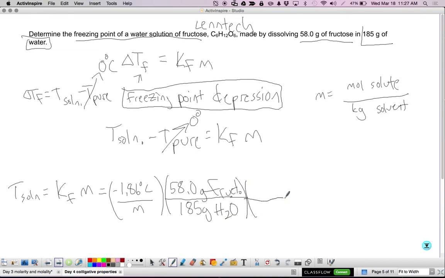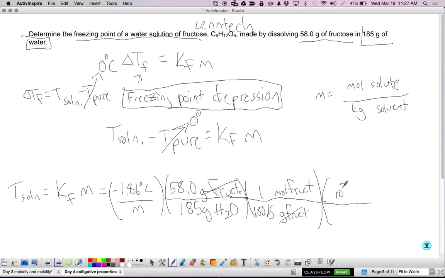Now I need to take my grams of fructose to moles of fructose. So I use the Lentech molar mass calculator, and I get 180.15 grams fructose and 1 mole fructose. So there goes my grams of fructose. And now I need to get my grams of water into kilograms of water.